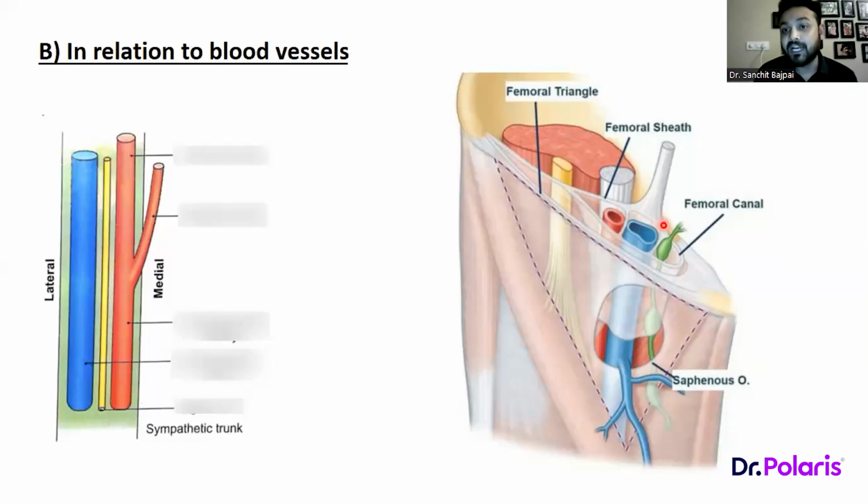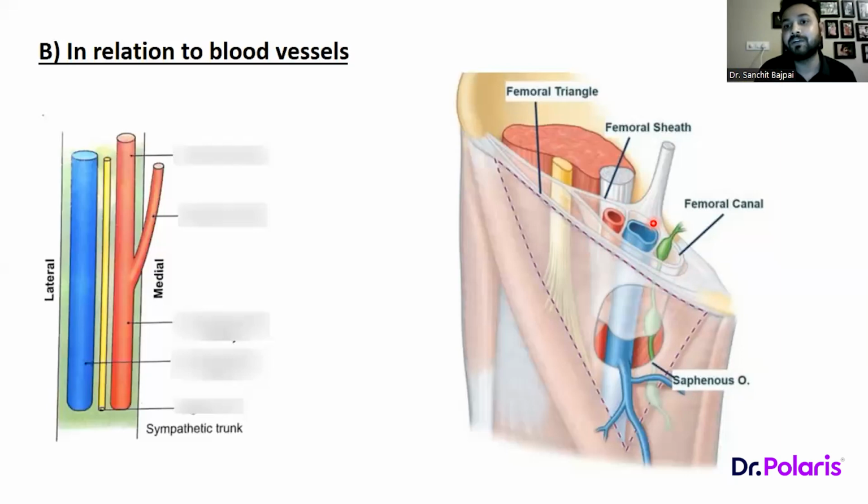Now, one point to notice here. The deep fascia around the veins is less dense than the deep fascia around the arteries. That means the deep fascia around the arteries is much more tightly wrapping, or much more inelastic, than the deep fascia present around the veins. Why? Because veins distend. If the veins distend, they need space.